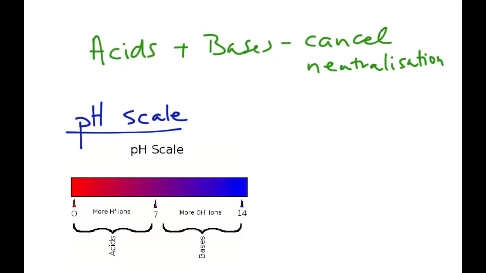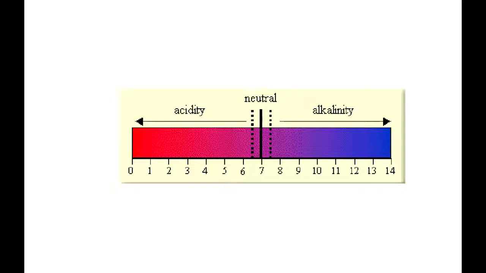Let's have a look at one in a little bit more detail. So here's another picture of the pH scale. Again, 0 to 14. And again, showing on the diagram that 7 is described as neutral. That is, it's neither acidic or basic or alkaline.